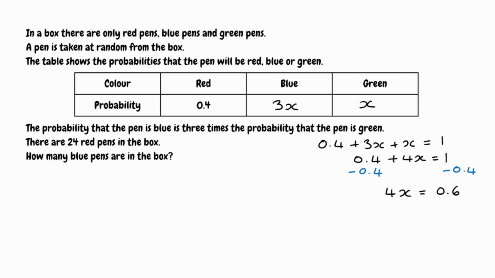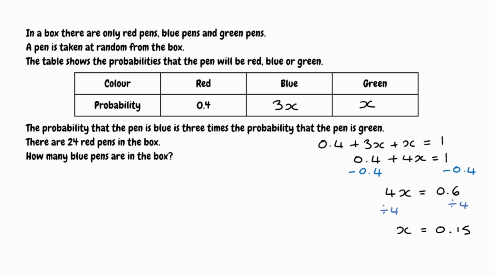Now to get x, we've currently got 4x, which is 4 times x. To do the opposite of times by 4, we have to divide by 4. So we divide the left-hand side by 4, which means we divide the right-hand side by 4. 4x divided by 4 gives us x, and on the right-hand side, 0.6 divided by 4 gives us 0.15.